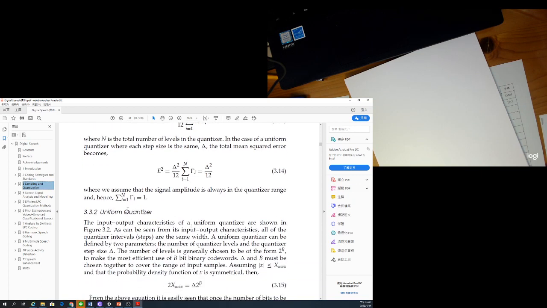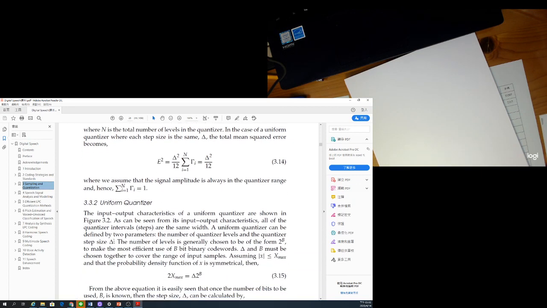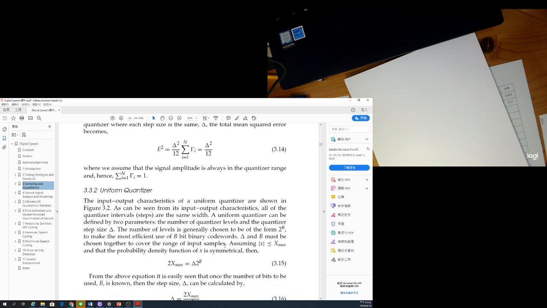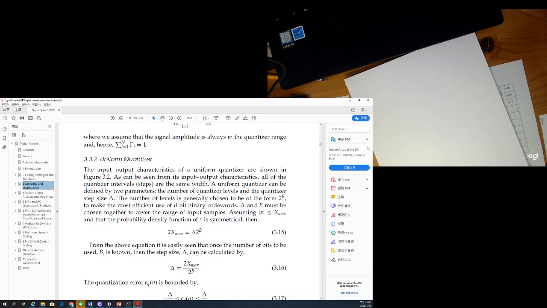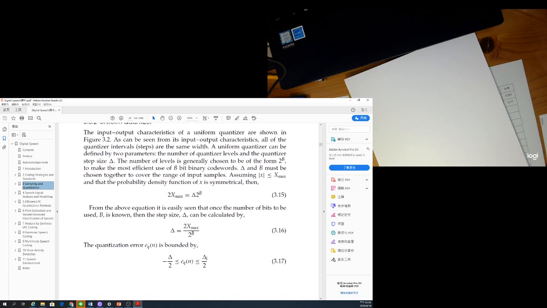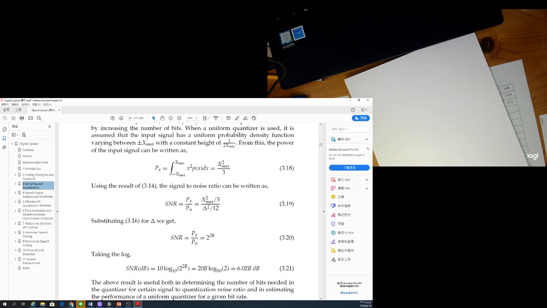One is a uniform quantizer, so the step size will be equal. You can see that the dynamic range equals your step size multiplied by how many quantization levels you are using. Later on, you can get the 6 dB rule.